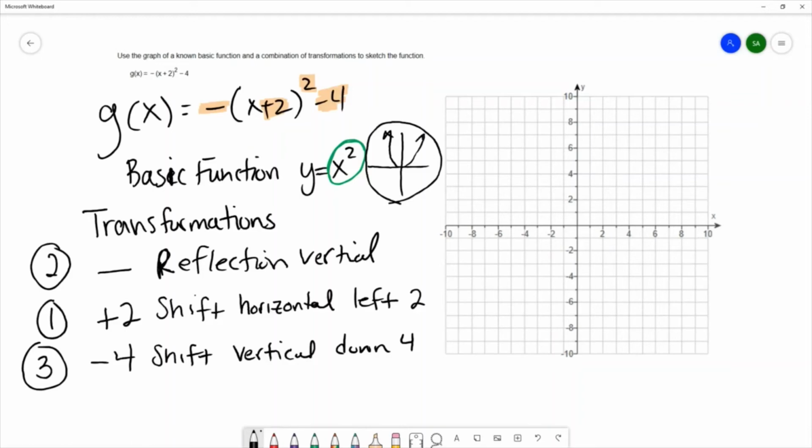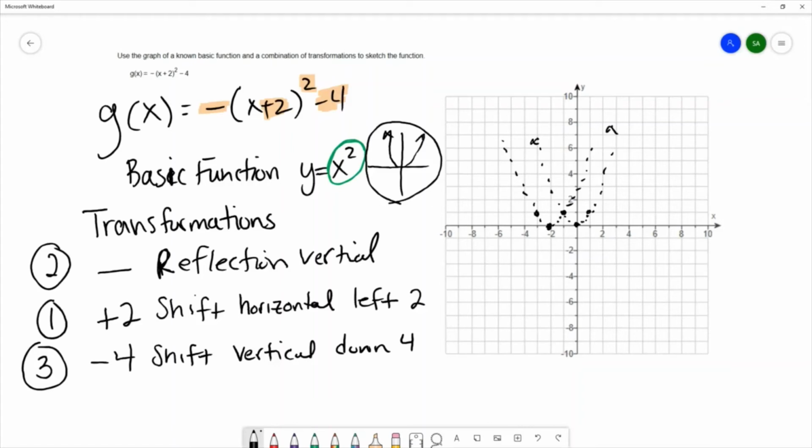So our basic function starts off looking like this here. It's a parabola with a vertex at 0, 0. Then we're going to shift all of these points to the left 2. So all of the points move to the left 2, and then our whole parabola is shifted left 2.